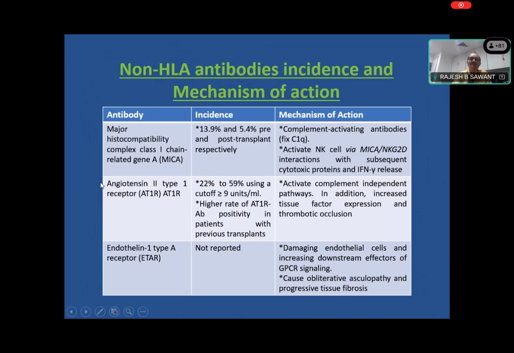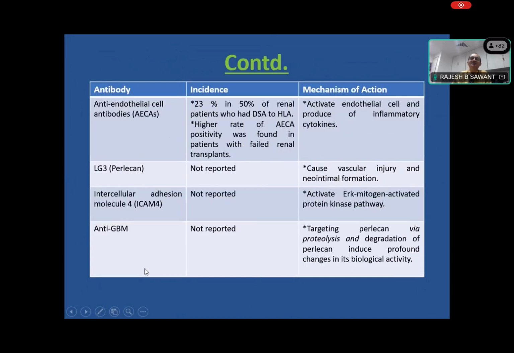Also, there are angiotensin 2 type 1 receptor antibodies or endothelin 1 type A receptor antibodies, etc. So all these are the other non-HLA antibodies. You will have anti-endothelial cell antibodies or the perlecan or the LG3 antibodies, or the ICAM4, that is intercellular adhesion molecule 4 antibodies, anti-GBM antibodies, the glomerular basement membrane antibodies, etc. So these are a list of non-HLA antibodies.